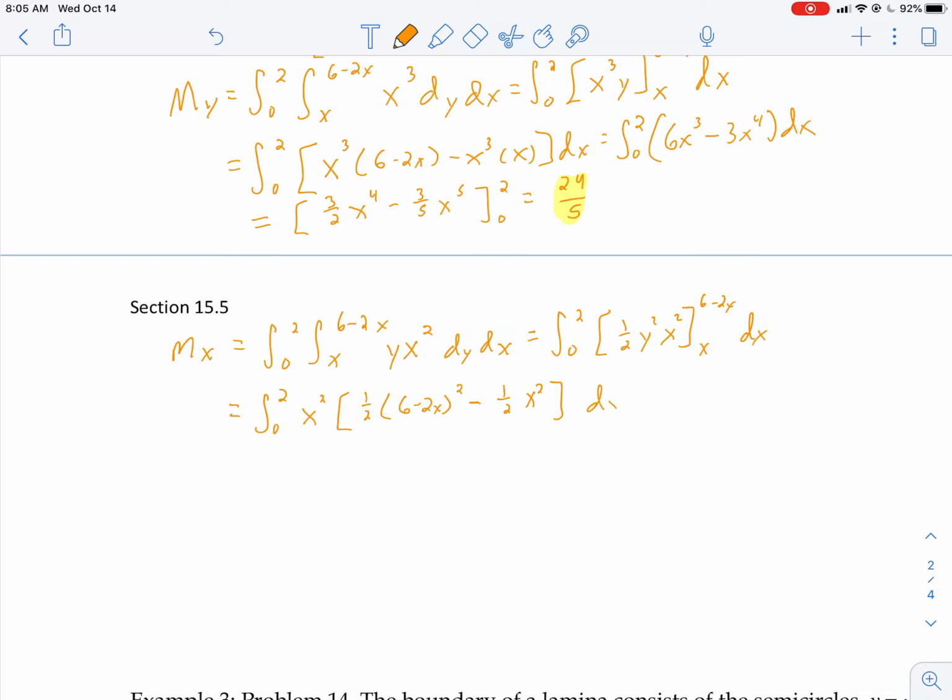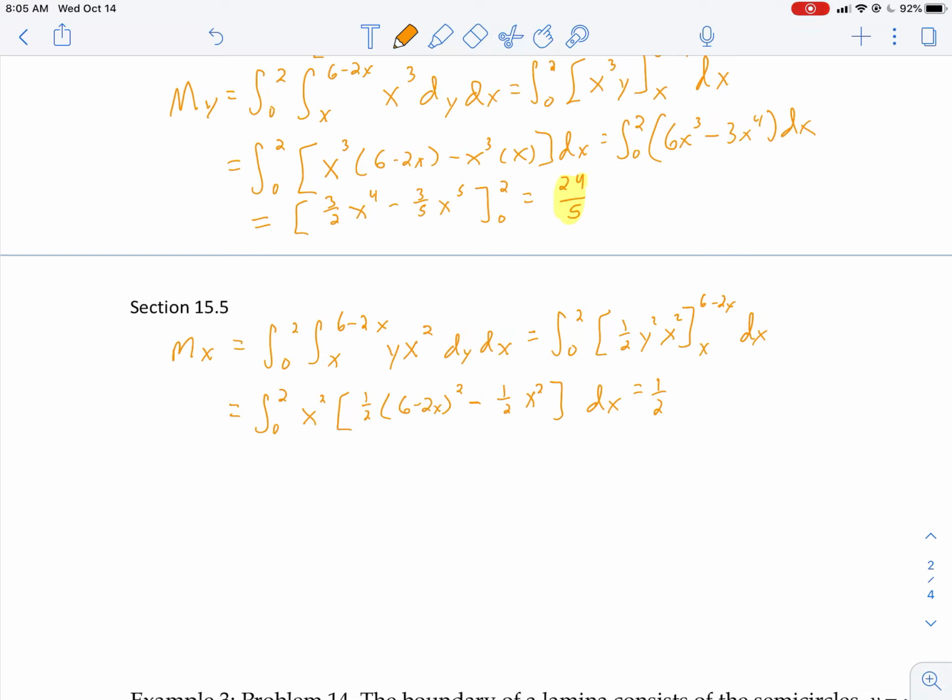I should have pulled out the 1/2 as well, so I'm going to pull that all the way out in front so I don't have to deal with it till the very end, because they're all going to have a 1/2.